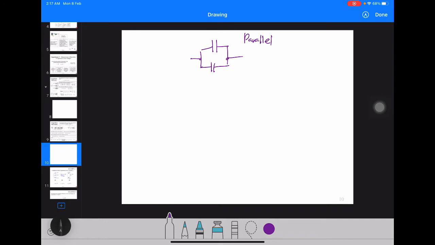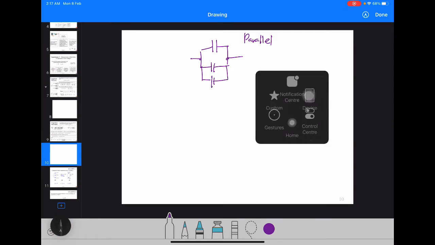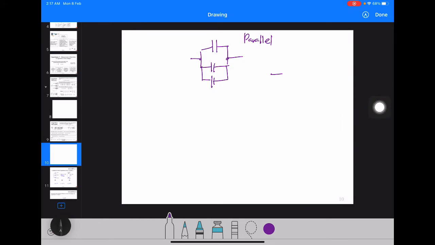And maybe in the exam they will give something more subtle, something like this. This one is also considered parallel, because you have a junction over here, here, and here. So that is the difference if you want to differentiate between capacitors in series and parallel.